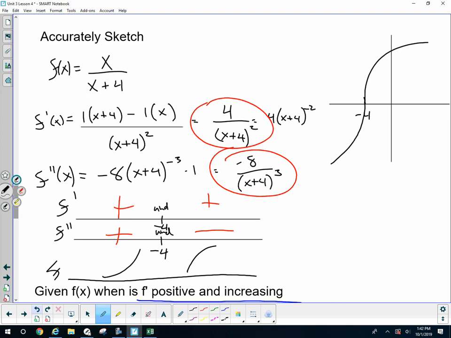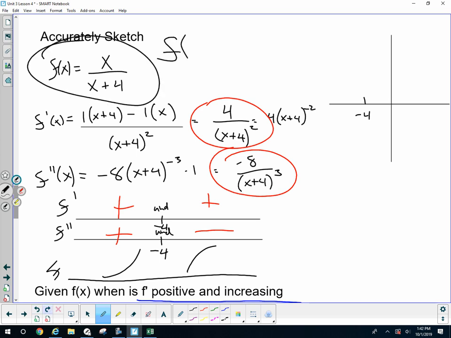But that would not be correct. Why? I know that if I plug in -4 into my original function, I'd get -4 over 0, which is undefined, which means I have a vertical asymptote at -4.